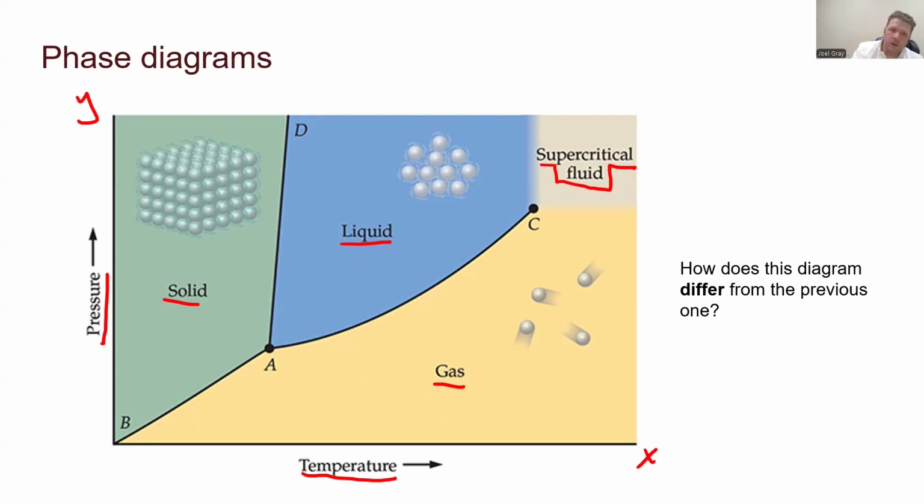So if we were to pick a pressure right here, let's just call this 15 pressure. And then let's go ahead and say at 5 degrees Celsius, then 15 degrees Celsius, then 35 degrees Celsius.